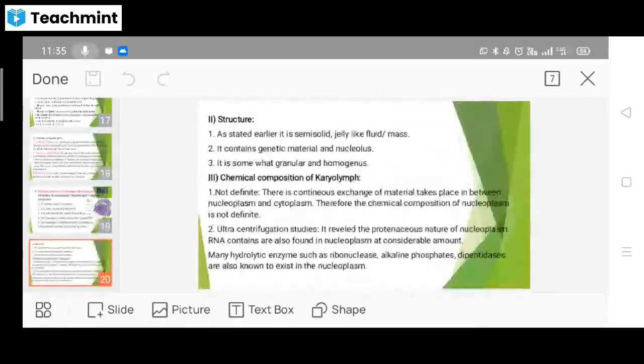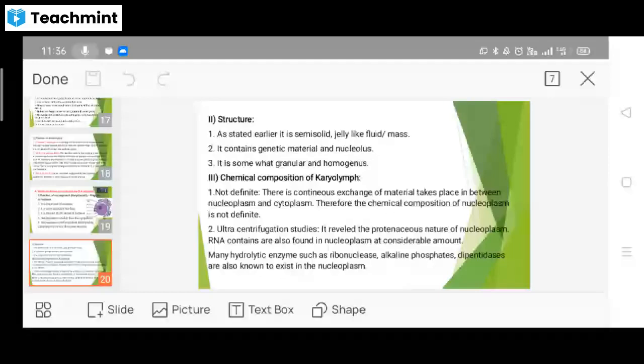Then the structure of this nucleoplasm: it is a semi-solid and jelly-like fluid. It contains the genetic material and the nucleolus. The nucleolus is the darker point, and there is also the genetic material.